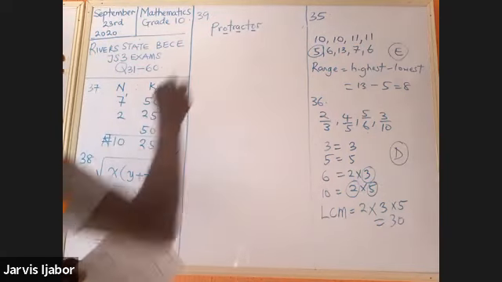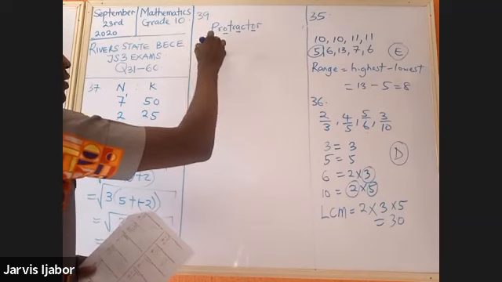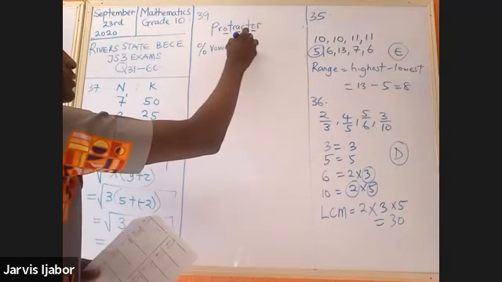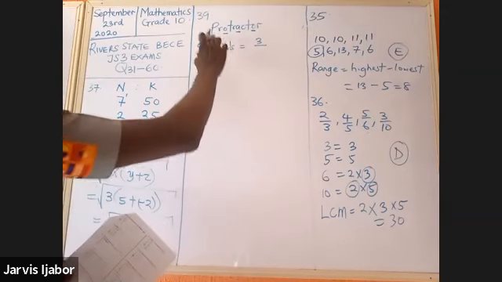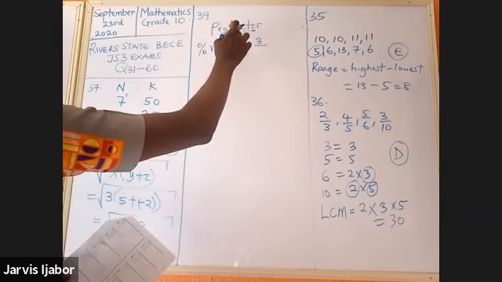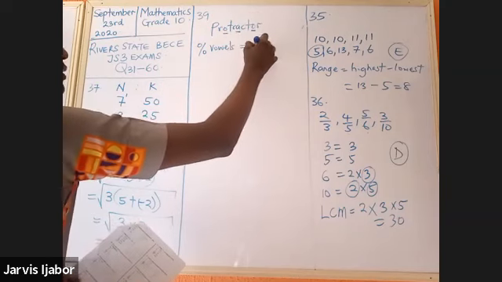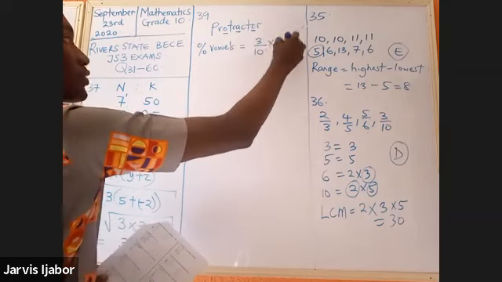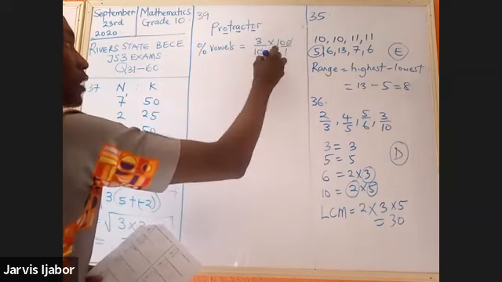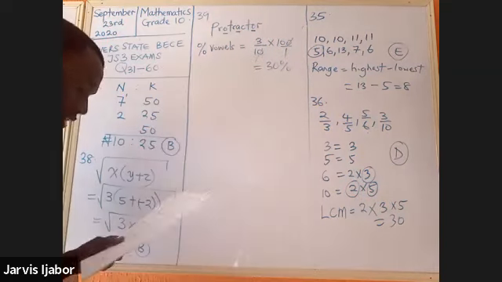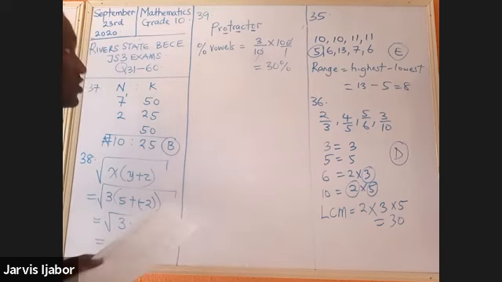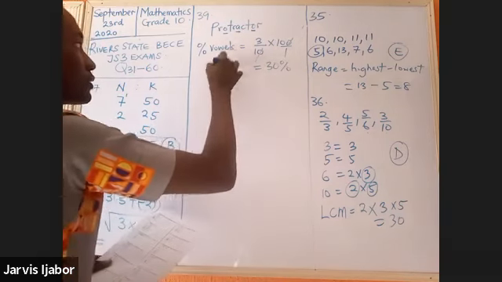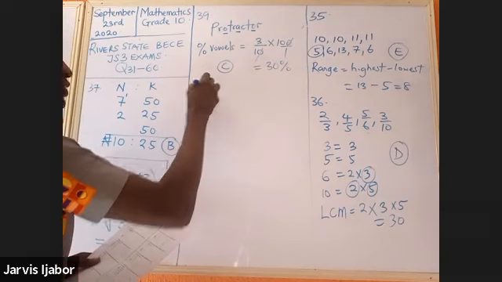So how many letters? 3. So percentage vowels will be equal to 3 over how many letters do I have in all? 1, 2, 3, 4, 5, 6, 7, 8, 9, 10. Times 100 over 1. That will be 30%. So 30% will mean C as the correct option.